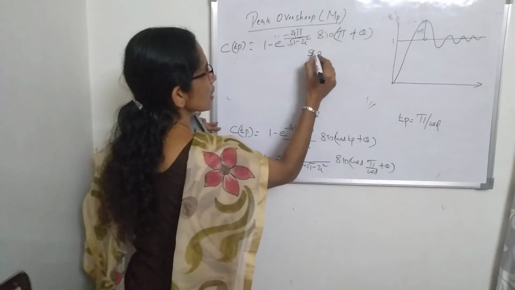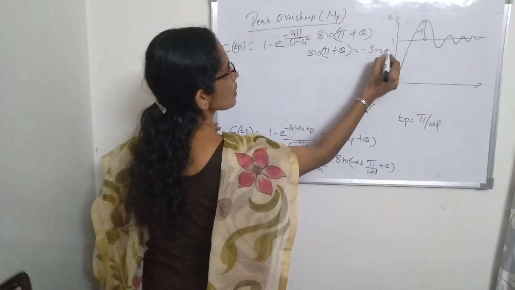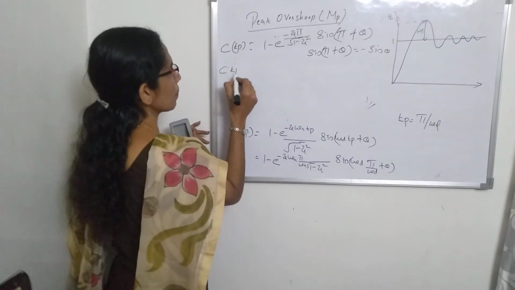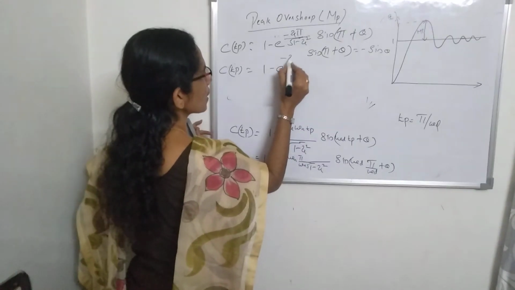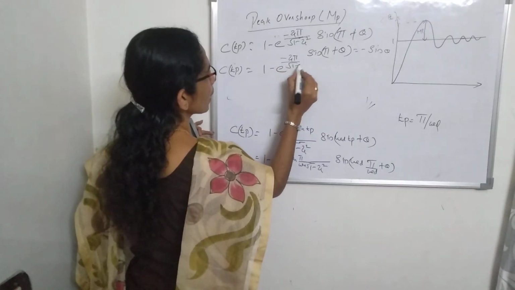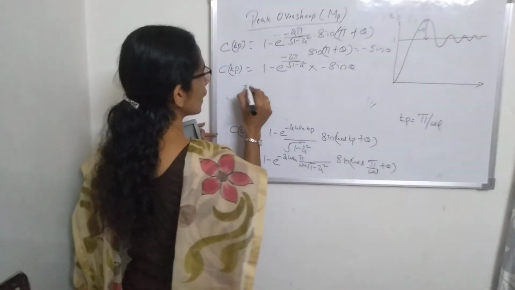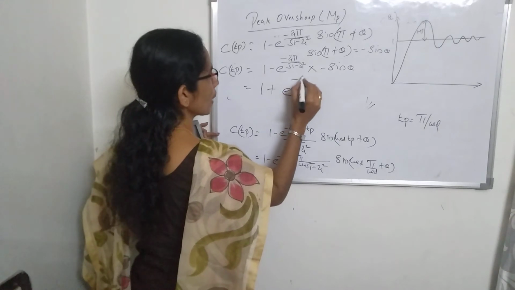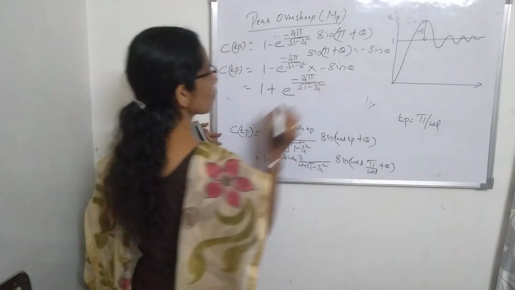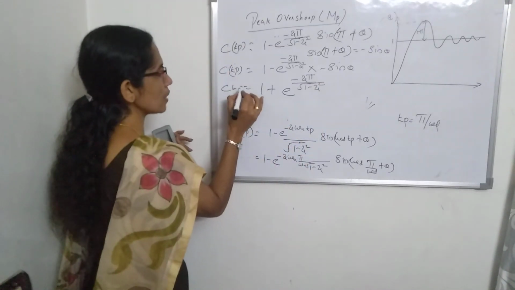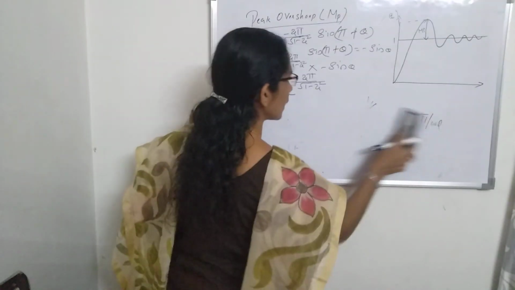We know that sine of 180 plus theta is equal to minus sine theta. Therefore, C of Tp equals 1 plus e raised to minus theta pi by root 1 minus theta square.